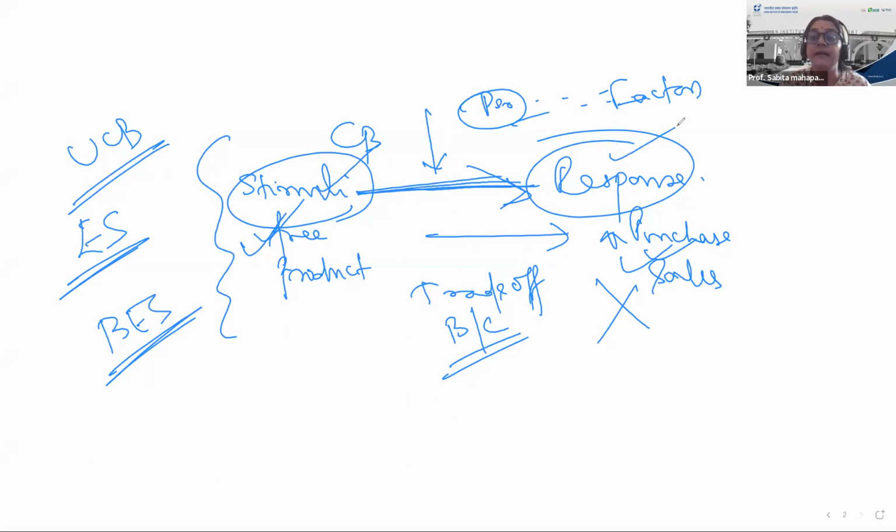So therefore, you need to understand and appreciate what are the other factors. The other factors may be related to the individual, situation, and more. Other factors may be related to the individual, meaning individual personality, individual's learning, individual's perception.